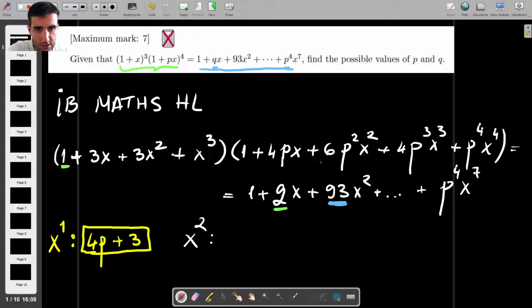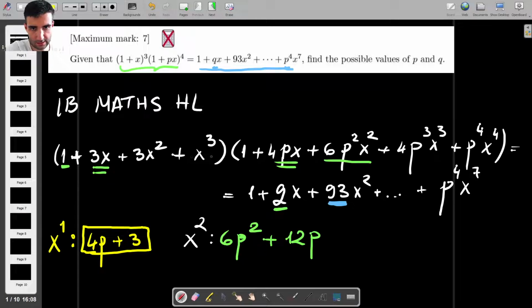We can multiply 1 by 6p squared x squared, which gives us 6p squared as a part of the coefficient. Then we can multiply 3x by 4px, which gives us plus 12p. And finally we have 3x squared, which we can multiply only with 1 to give us plus 3.